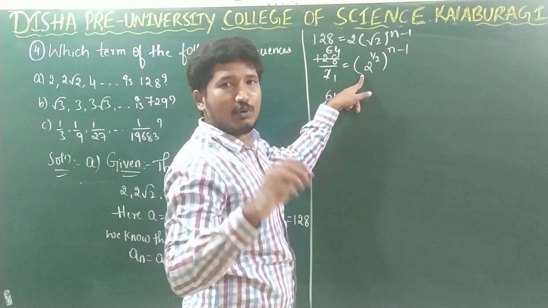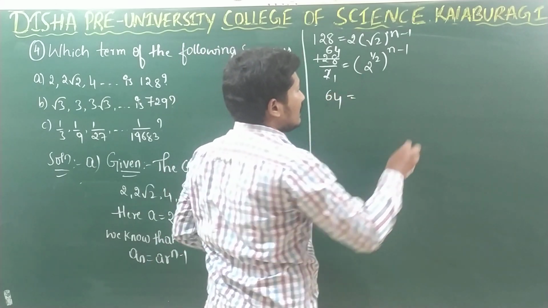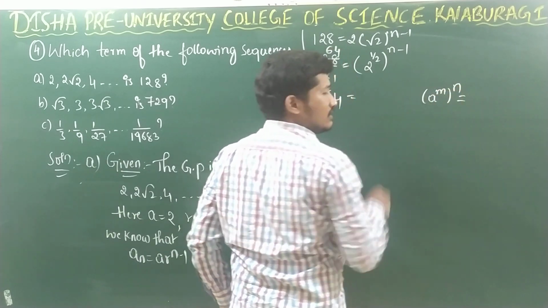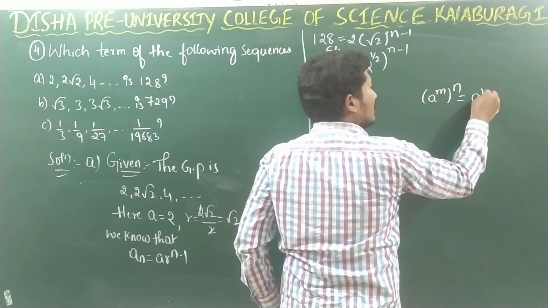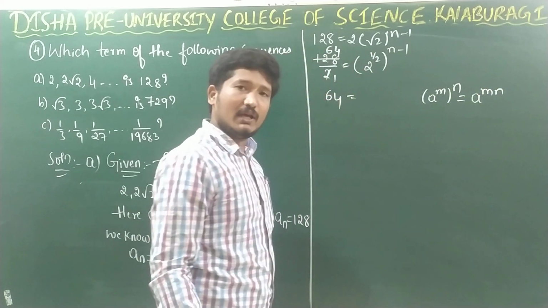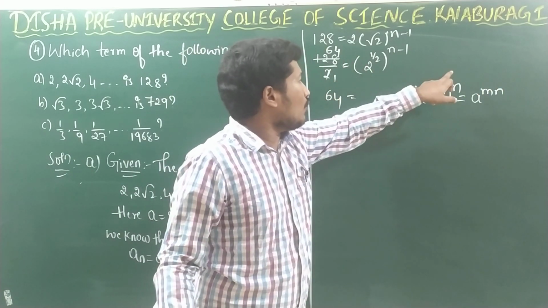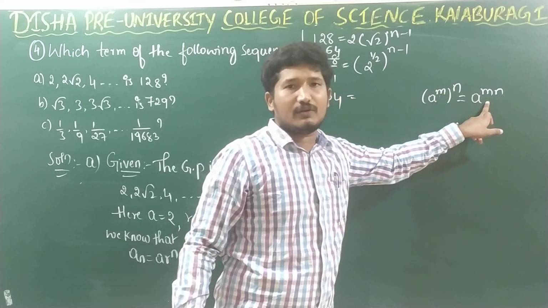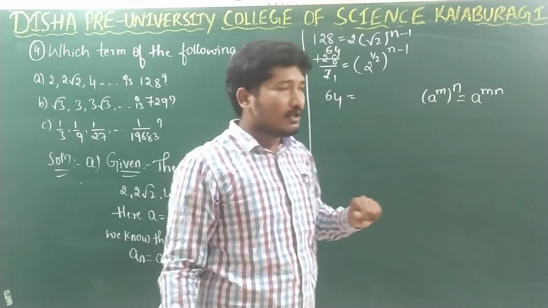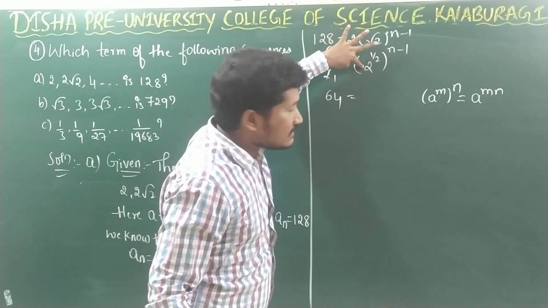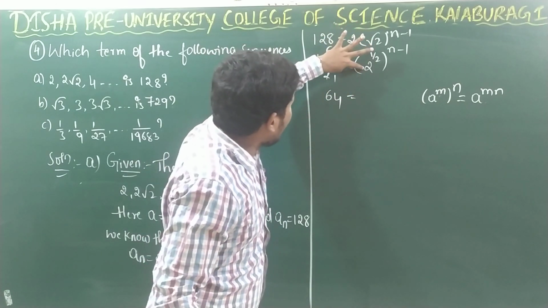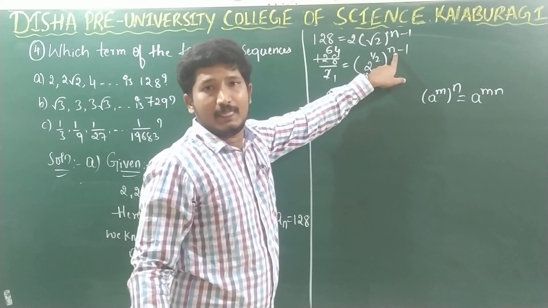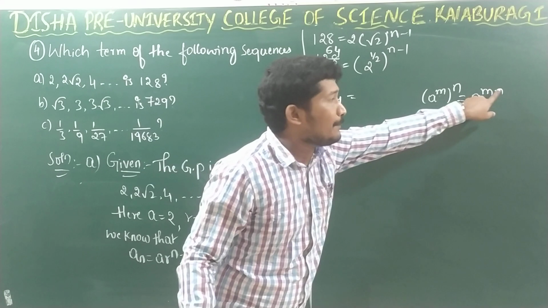You have learnt about laws of indices. In that, you have a power m whole power n is equal to a power m into n. Am I right? This is one of the laws of indices, right? So see here, let us take this as a power m whole power n. So can I write it as a power m into n?